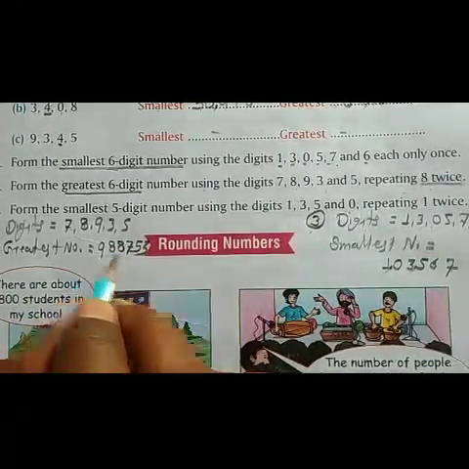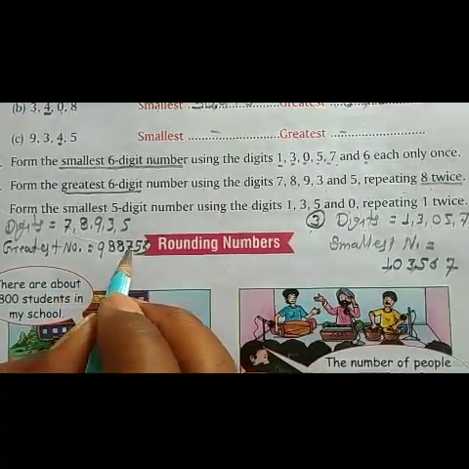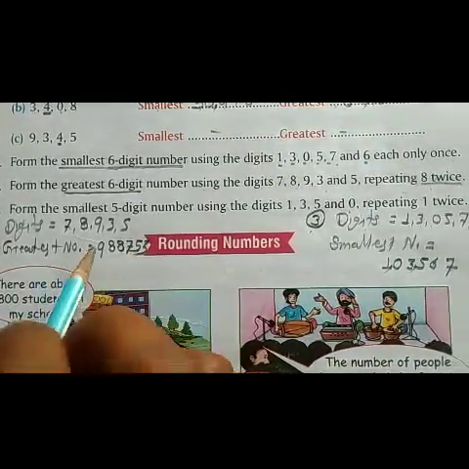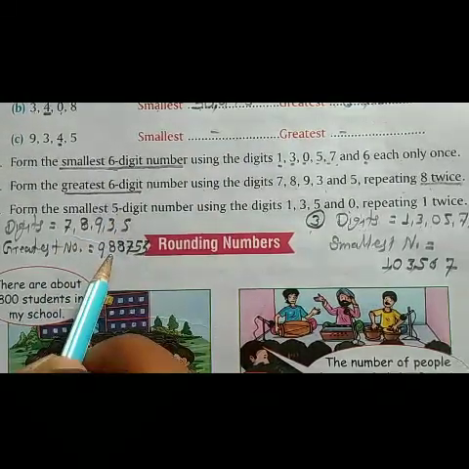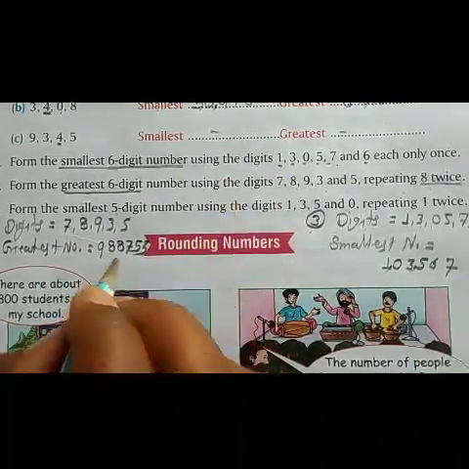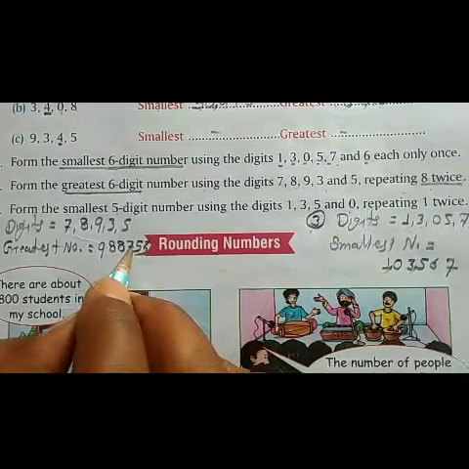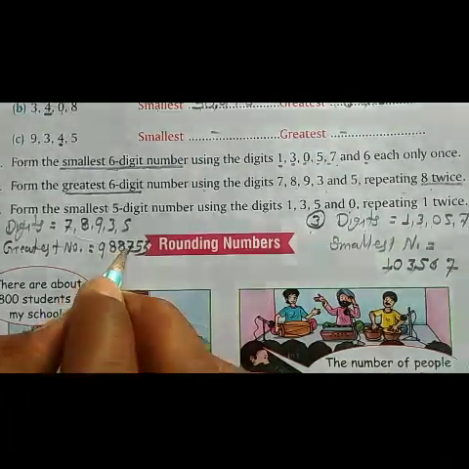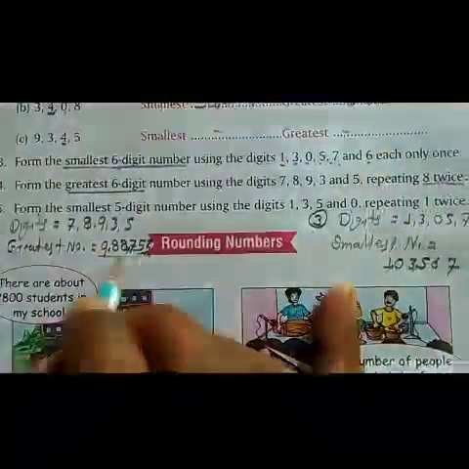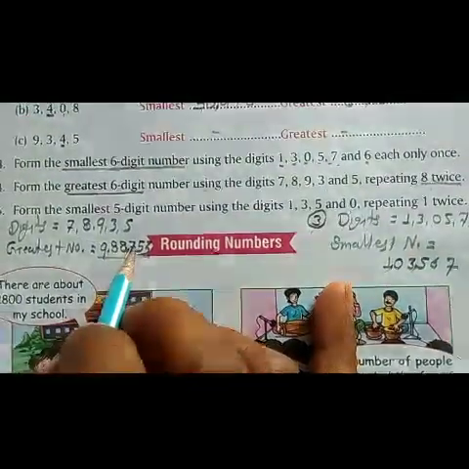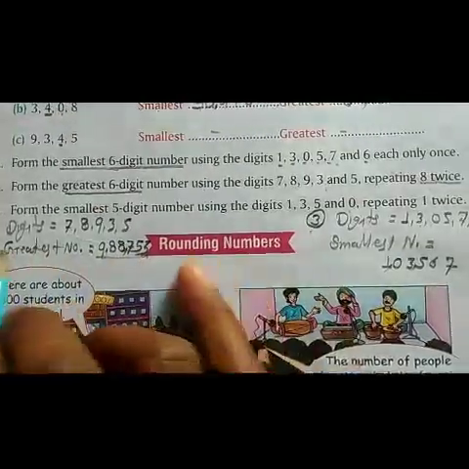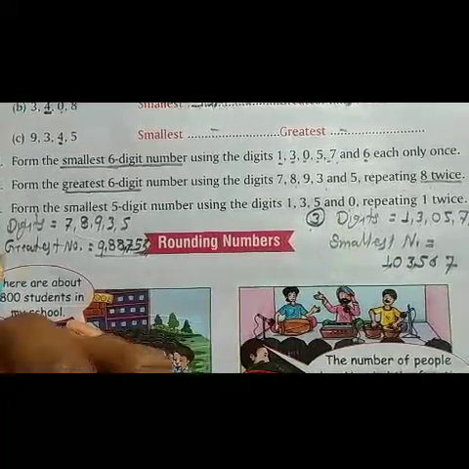This is the proper arrangement of the digits in descending order. This will be the greatest number of 6 digits. Place the comma according to the Indian place value chart. Ones, tens, 100, 1000, 10,000, lakh, 9 lakh, 88,753. This is the proper solution of question 4.